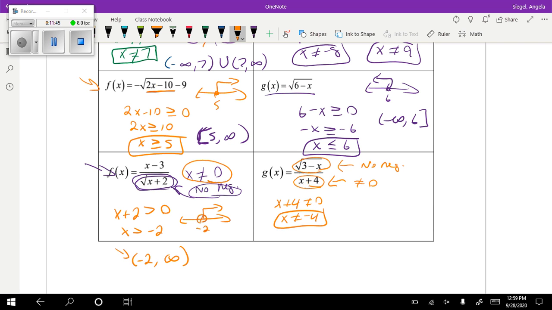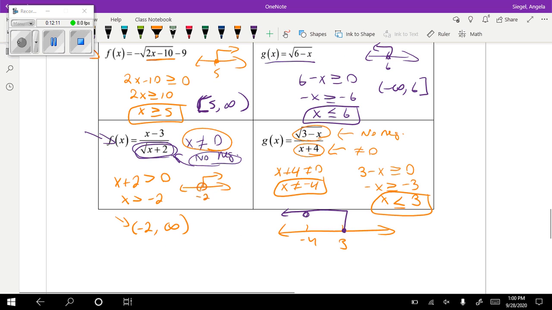And the other piece up here, 3 minus x, has to be, and we're going to go back to greater than or equal to 0, because even though it's in a fraction, it's not in the denominator. So it still can be 0. So negative x is greater than or equal to -3. So x is less than or equal to 3. Those are our two parts.